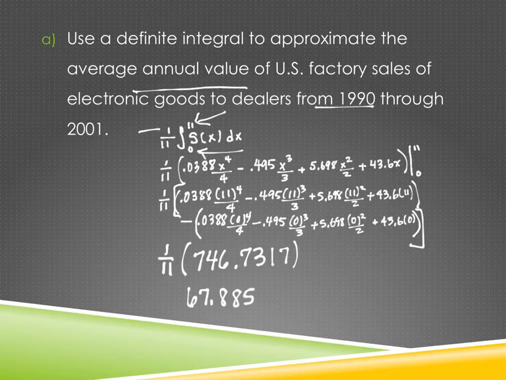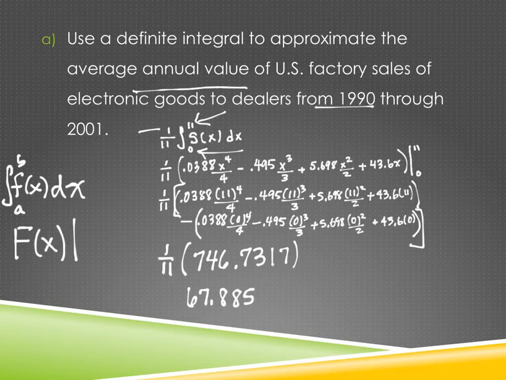All right, so let's talk about a couple things that have happened so far. The first thing that I'd like to talk about is that what we did here is we took a function and we did its integral from a to b, and it became another function, capital F of x, and I put this line at the end where I put a b and an a here, right? This is what we did.